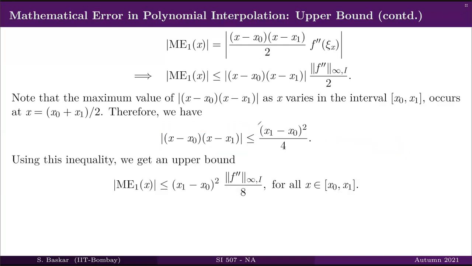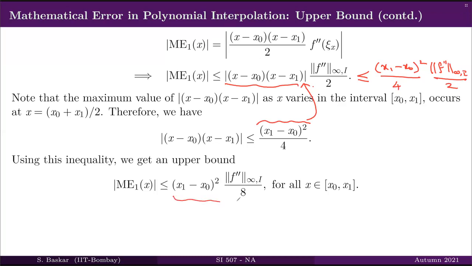Now you put this into this. You can see that this is further less than or equal to, I'm just dominating this term by this, therefore I will have x1 minus x naught the whole square by 4 into f double dash infinity norm on the interval, divided by 2. So that gives me this as an upper bound.